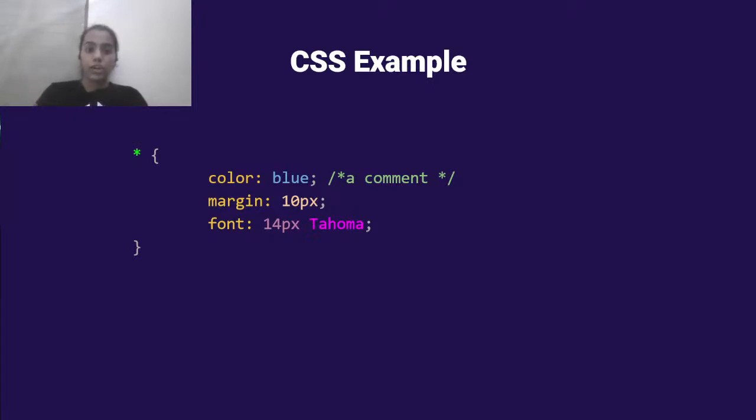Here the asterisk means that this change should be made to all tags, and it is not defined to a specific tag, and all my font would now have a blue color. Its font style would be Tahoma and the size would be 14 px. So instead of writing everywhere what I want through CSS, I chose all the tags in one go and was able to make the same changes.